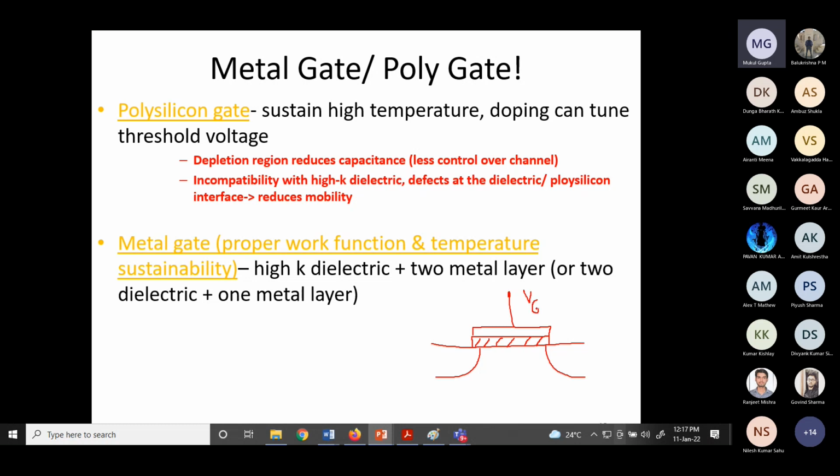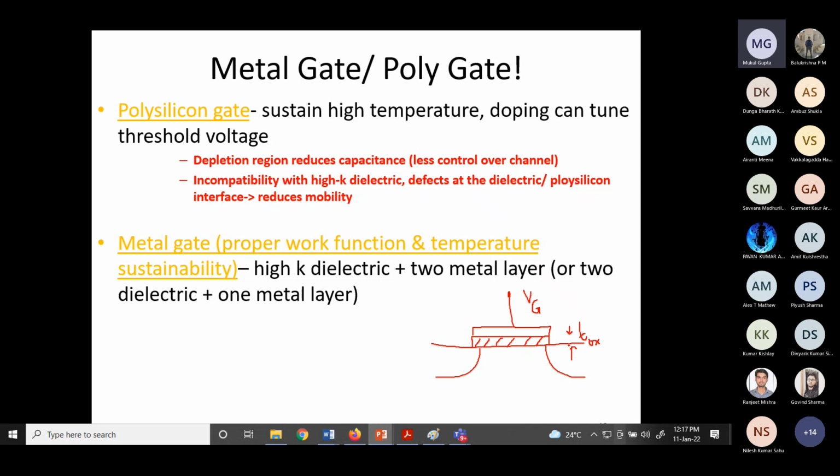Now when it is a short channel device, the gate oxide thickness is very tiny. Whether you use SiO2 or high K dielectric material, the gate oxide thickness is lower compared to long channel MOSFETs.